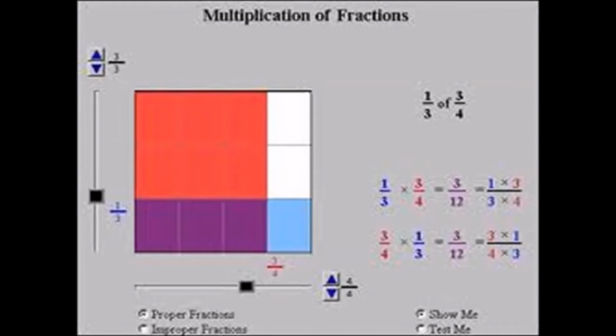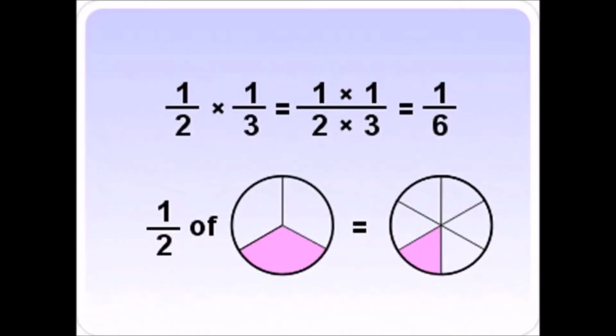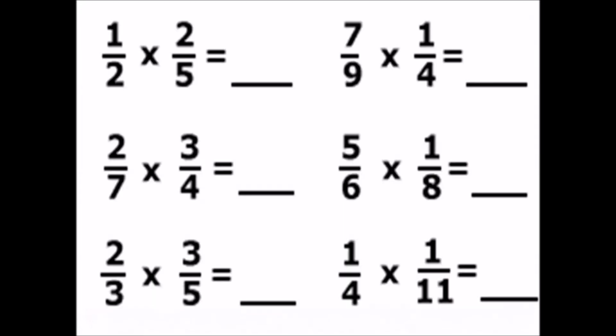Multiplication of fractions: always multiply first the numerators and then the denominators. Here, 1 by 2 into 1 by 3 is equal to 1 by 6. 1 by 2 into 2 by 5 will be 2 by 10, and that is again reduced to 1 by 5.